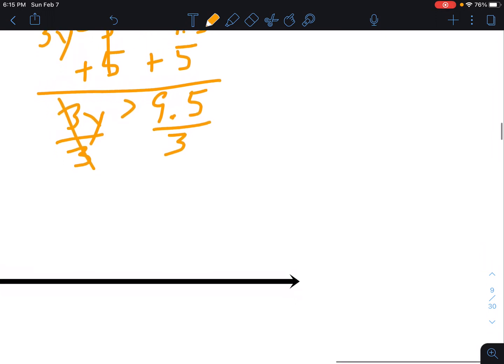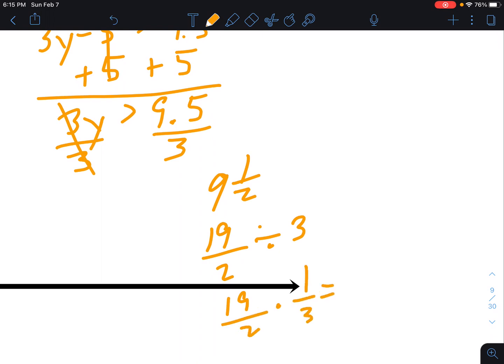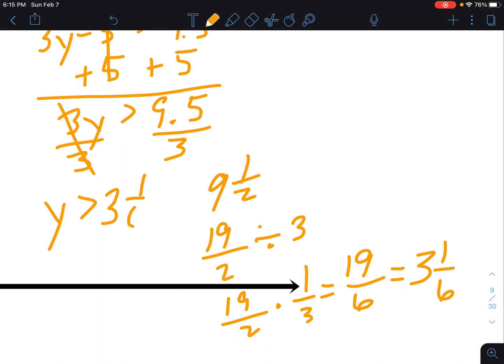I do not have a calculator on me, so I am going to have to do this by hand. Sorry, I'm wasting time here. 9.5 is 19 over 6, which is 3 and 1/6. So y is greater than 3 and 1/6.